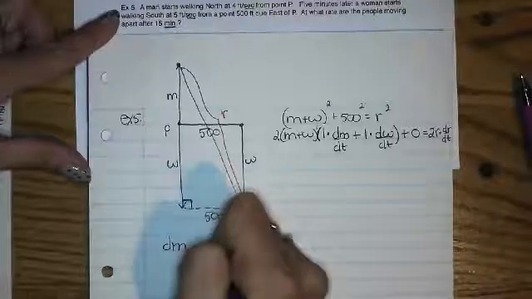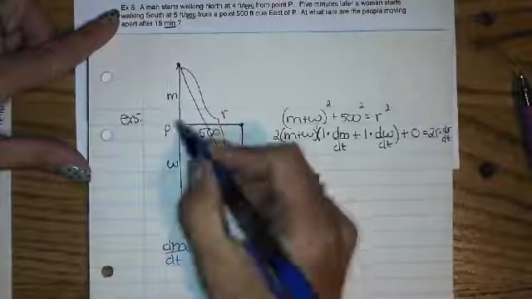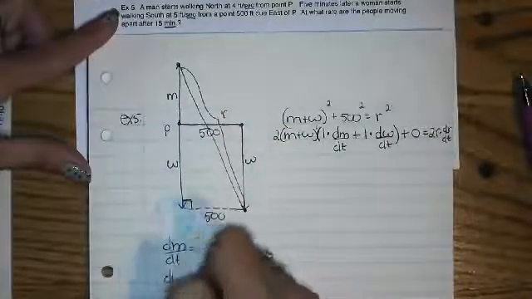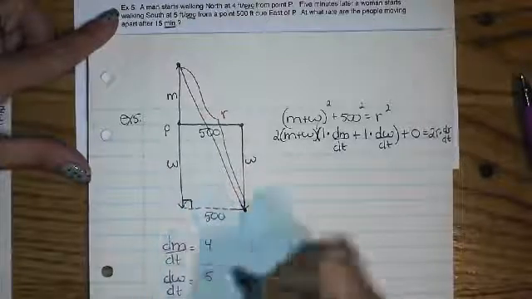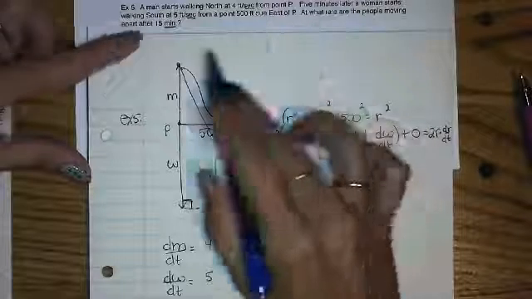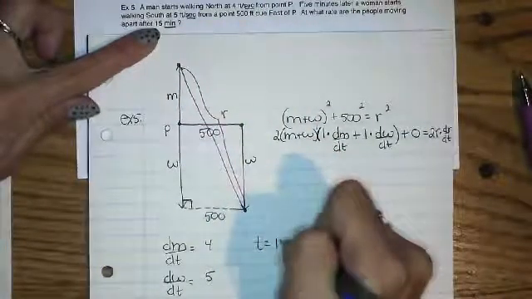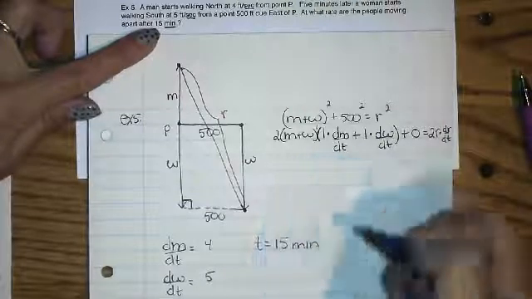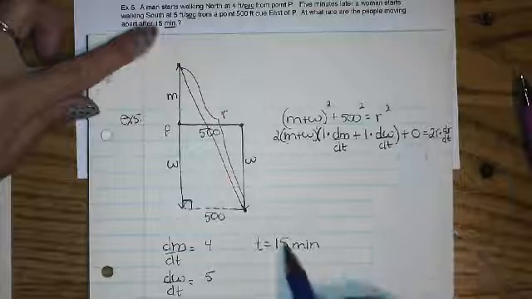Okay, now we substitute. And what I know is the man's rate, he's walking north at 4 feet per second, so dm/dt is 4, and it is positive because that's going to grow that distance of m. dw/dt, the woman is walking at 5 feet per second. And then what I know is the time is 15 minutes.